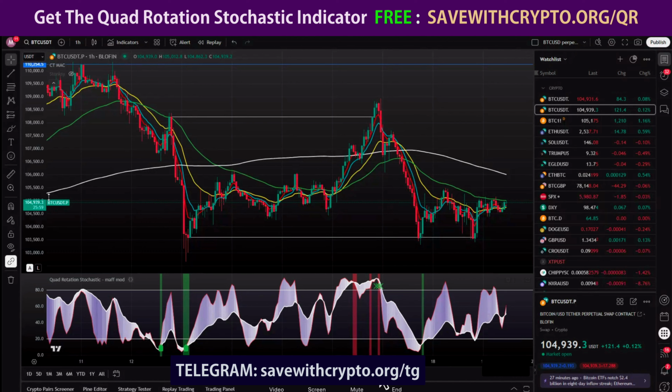If you'd gone long from there and ridden that until you saw a red background, which would have put you in a good place, right over there on the 16th or the 17th of June, then you would have made loads of money. To be honest, even this one, looking at it, that did correctly signal along just there.